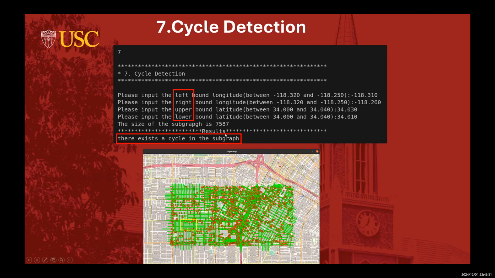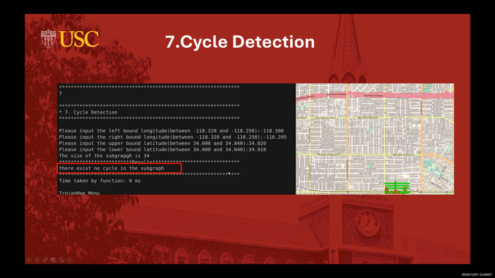In the first example, we can see that there really exists a cycle path in the yellow region. And in the second example, we can see that there does not exist any cycle path in the region.